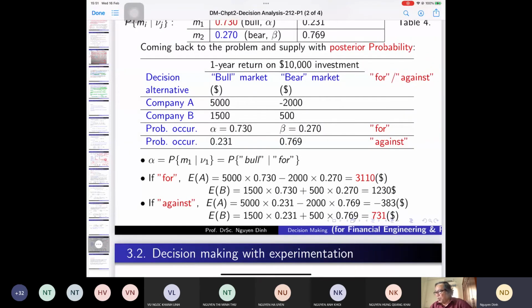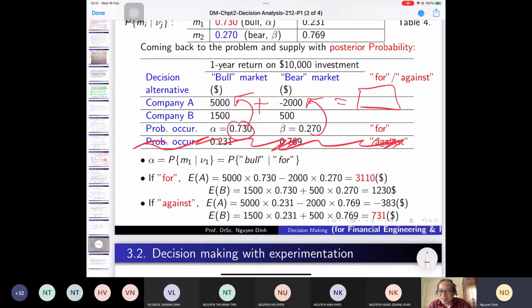And then, for example, if the expert says 4, that means we delete this one. And so we have this table, and we can find out the expectation of A and B. Expectation of A is this multiplied by this multiplied by this, and then plus, and you have the expectation of A. In the same way, you have the expectation of B, and you can compare.